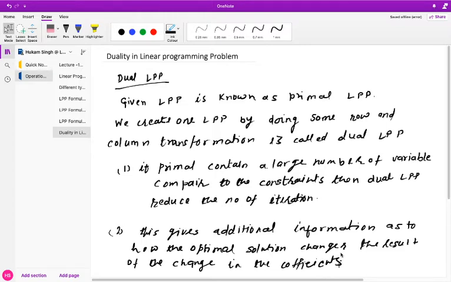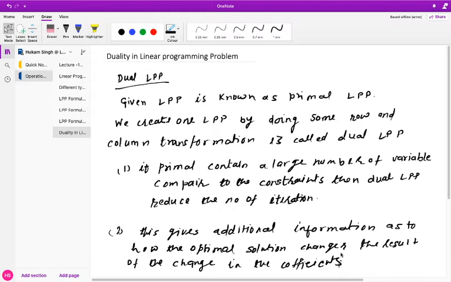Okay, and corresponding to every linear programming problem we can construct the corresponding dual LPP by using some row and column transformation. Actually we have to take the transpose of the coefficient matrix, and with the help of that we can construct the dual LPP.